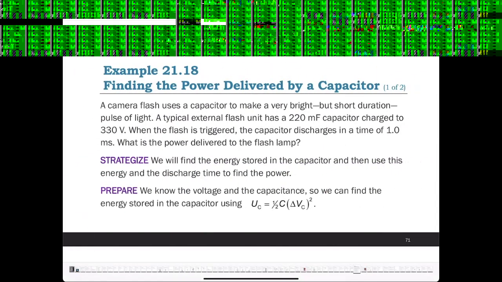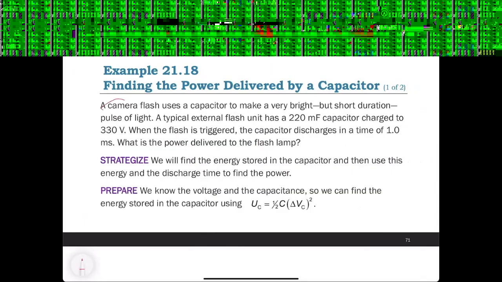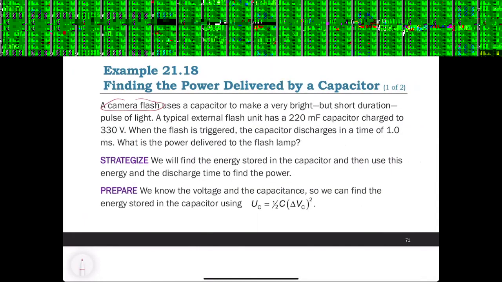Okay, let's talk about the other example, finding the power delivered by a capacitor. A camera flash uses a capacitor to make a very bright but short duration pulse of light. I think everyone has used a camera flash before. Actually, what's the theory behind that?